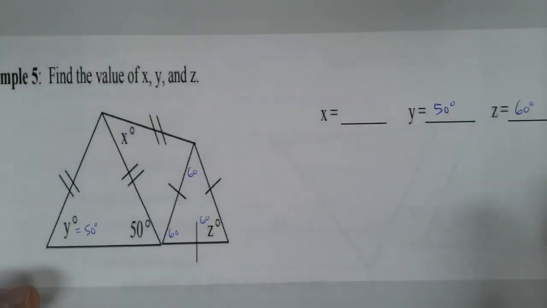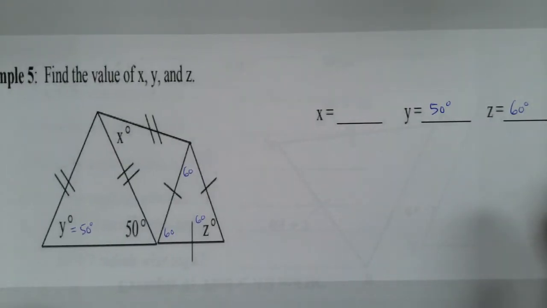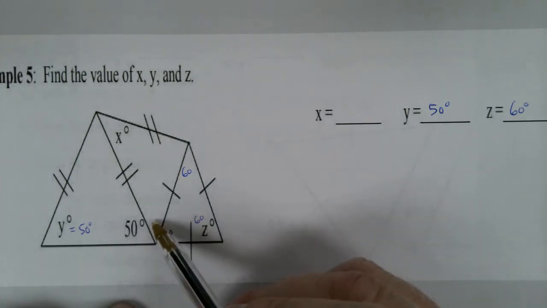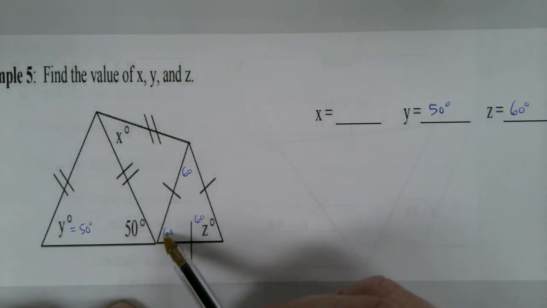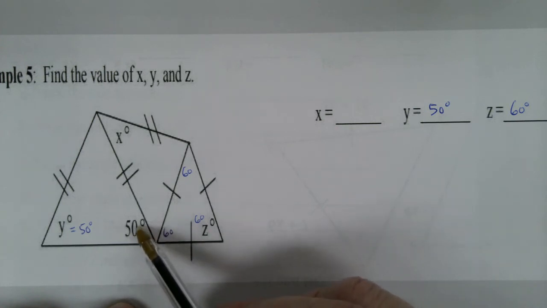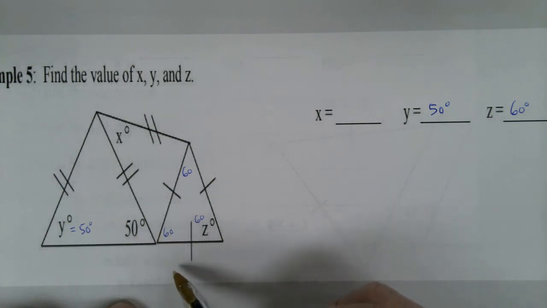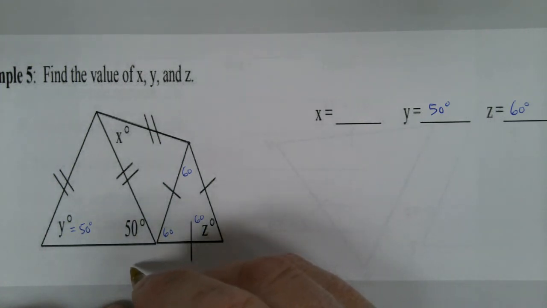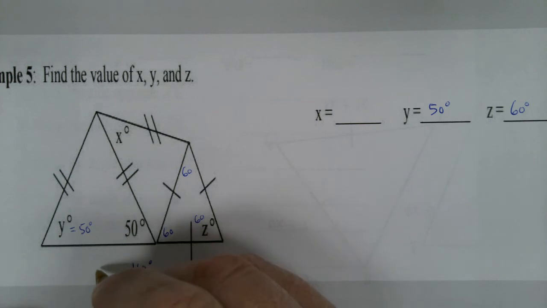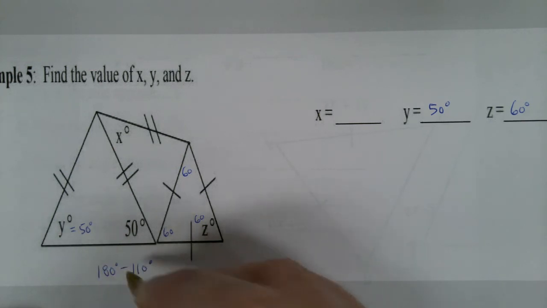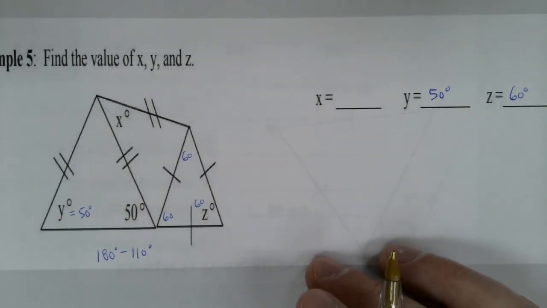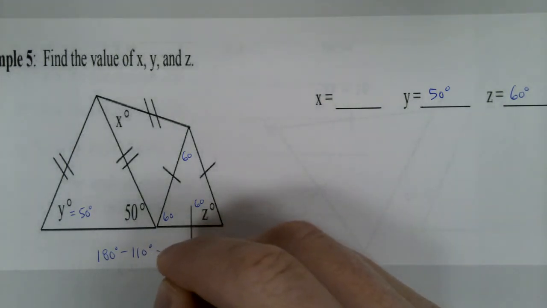Now, in order for us to find x, we do have to know this angle here in the triangle. Well, if this angle's 50 and this angle's 60, all three of these add up to 180. So 50 and 60 is 110. And if I take 180 and subtract 110, then that's going to tell me that that angle is 70.